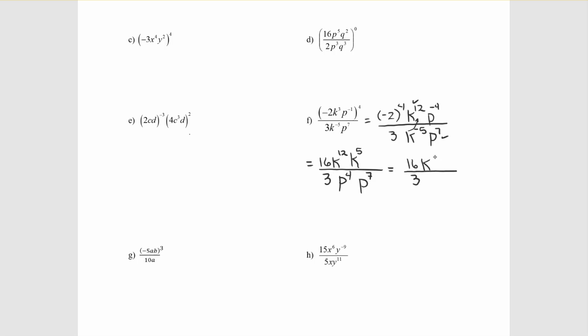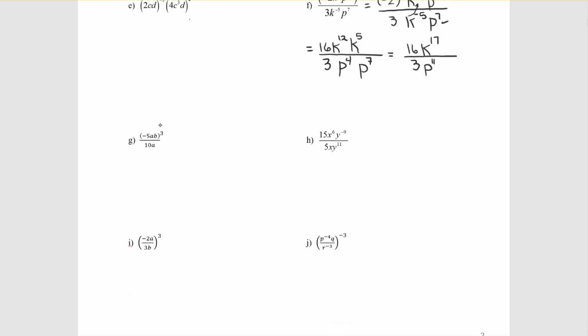So I have k to the 17. And on the bottom, again, multiply like bases, add the exponents, p to the 11. And there's no more simplifying here because I can't cancel anything. The k and the p have different bases, so I won't be able to go any further with that.